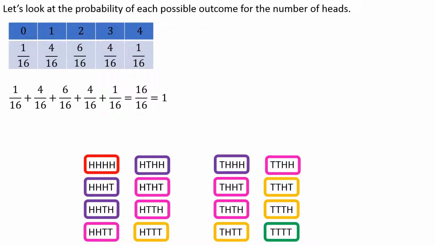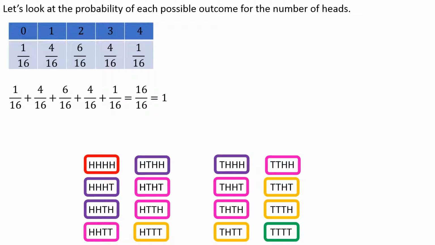Now, the sum has to be 1. Right? I have to have either 0, 1, 2, 3, or 4 heads. So the probabilities better add up to 1. Notice it's really not that tricky to add probabilities when they're fractions with a common denominator.